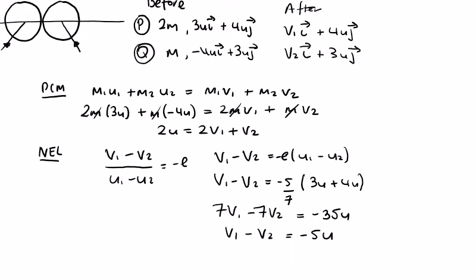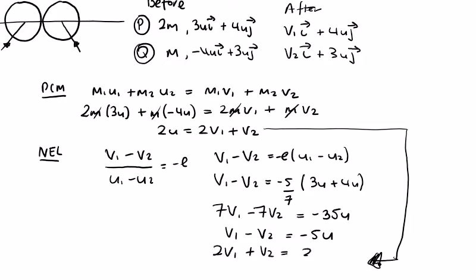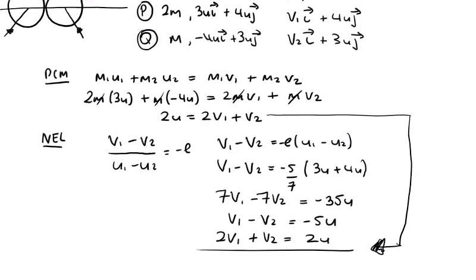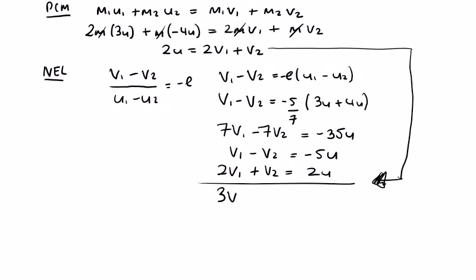So we have a negative v2, and here we have a single positive v2. So bringing this down, I'm going to get 2v1 plus v2 is equal to 2u. So we're going to get 3v1 is equal to minus 3u. So v1 is equal to minus u. I'm filling that back into one of my equations.